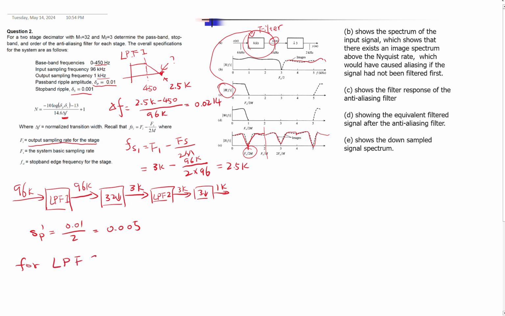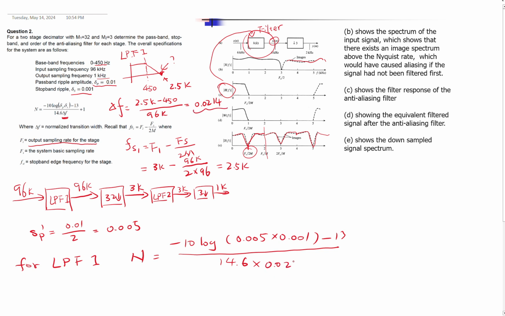So for low pass filter number 1, the order N equals -10 log of the passband ripple 0.005 multiplied by 0.001, the stopband ripple, minus 13, divided by 14.6 multiplied by the delta F we just got, 0.0214, plus 1.